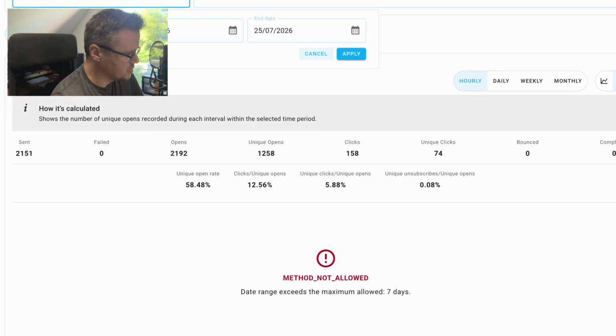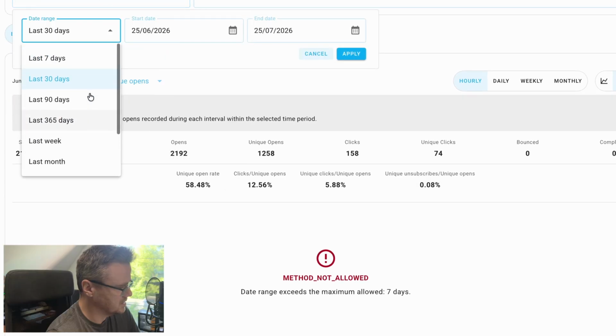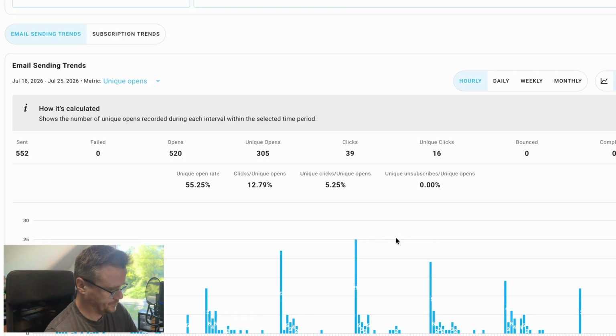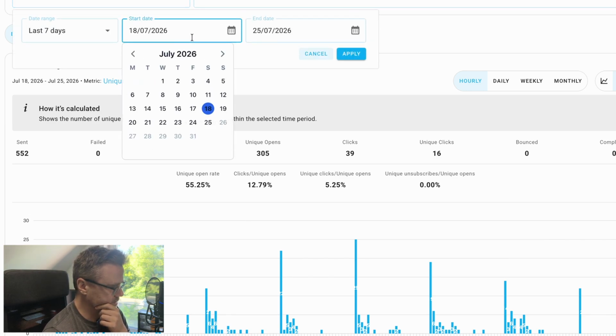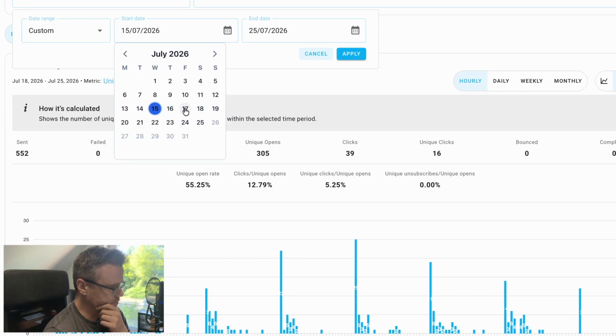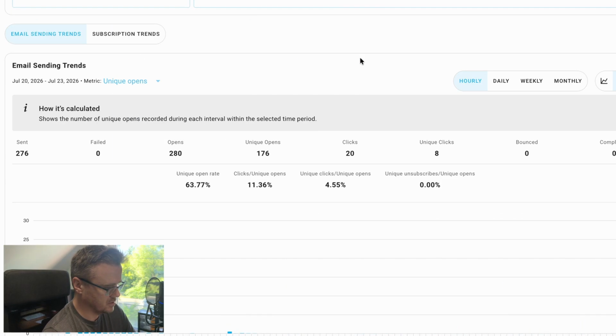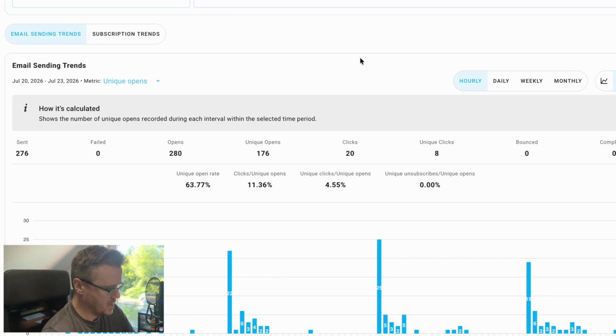So for hourly stats, I need to select the last 7 days. And look at that. This is interesting, I think. But wait, let's just select a few days so we see it better, like this. So I basically selected 3 days, 4 days, okay?